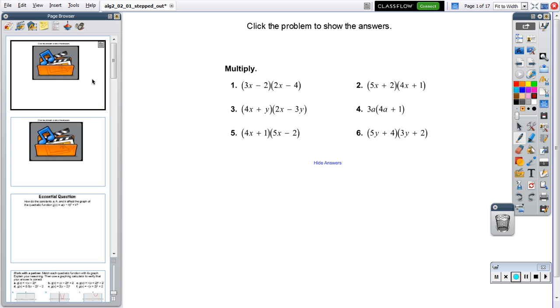And number 6, we should have gotten 15y squared plus 22y plus 8. There's all 6.